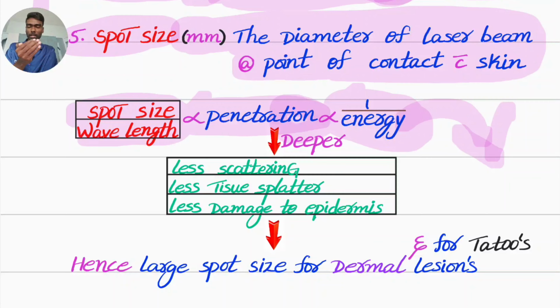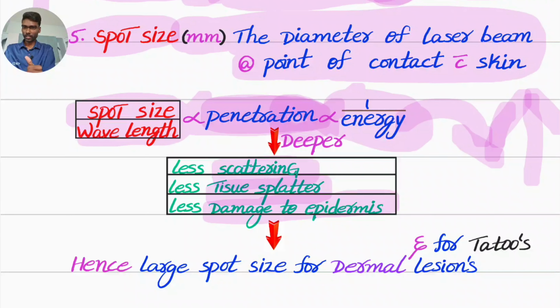If it is coming out of the laser, it is power. Consider a scenario where we have kept more energy delivery per unit area, that is fluence is more. Then it is inversely proportional to penetration. It won't penetrate deeply, it will damage more superficially. There will be more damage to the epidermis, more tissue splatter, more scattering of light.